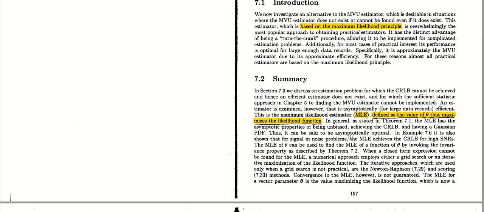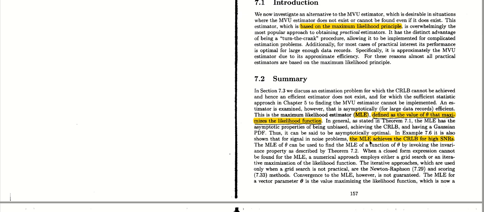Okay, and also MLE has a good property, which is it achieves the CRLB for high SNR. And you may wonder why. Statistically speaking, it needs proof. It's not trivial. So, if you take the class in the mathematics department, advanced statistics, there will be proof for that.